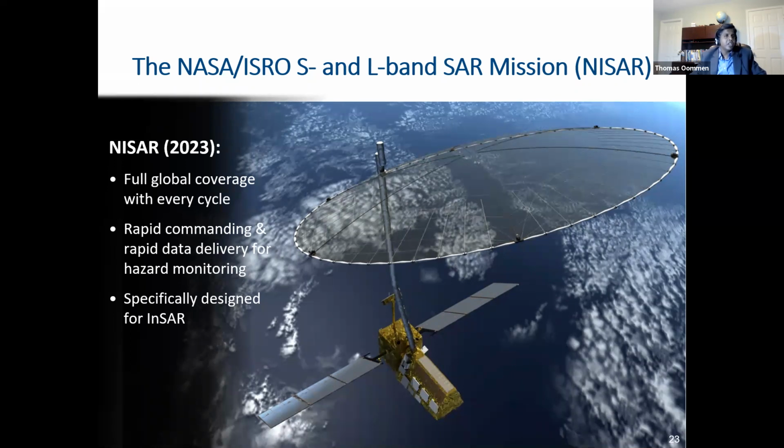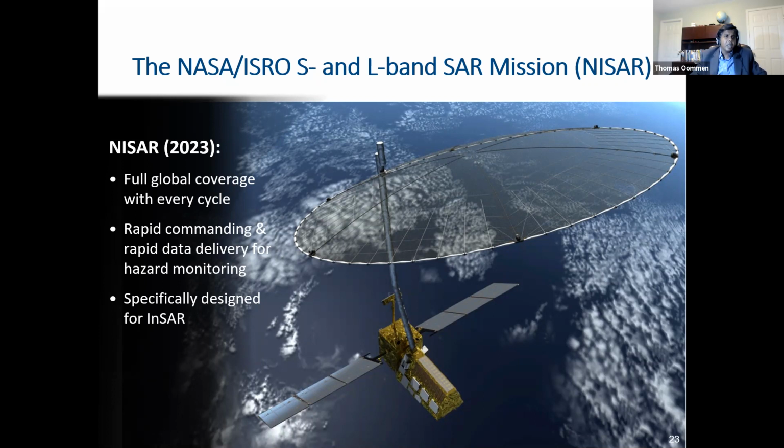This is after a long time that the US is going to have a radar satellite. The US has always been depending on the Canadian and the European partners for the radar data. Currently, there is the Sentinel mission from Europe that is providing us free radar data.